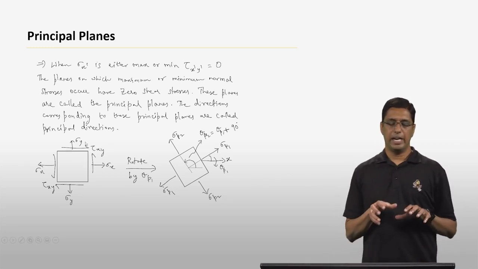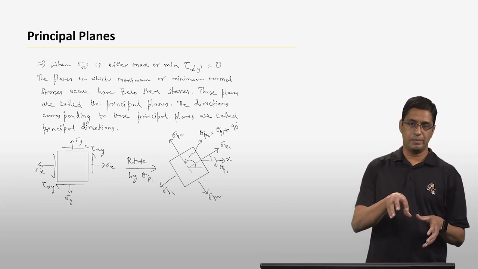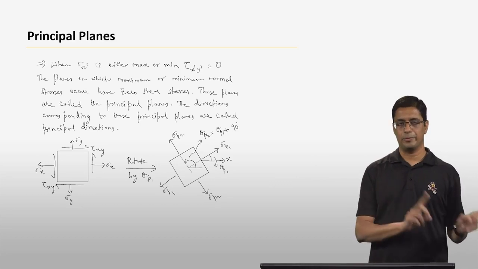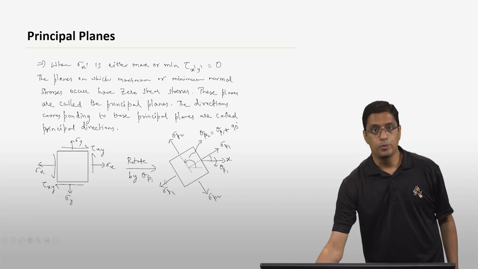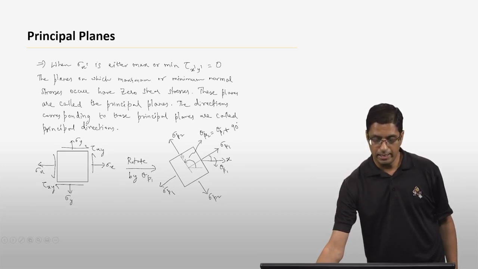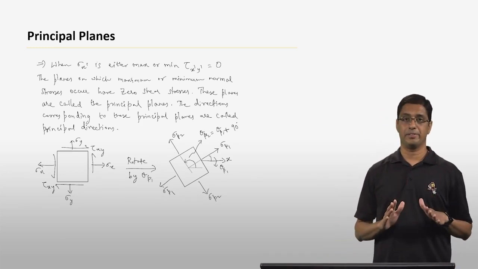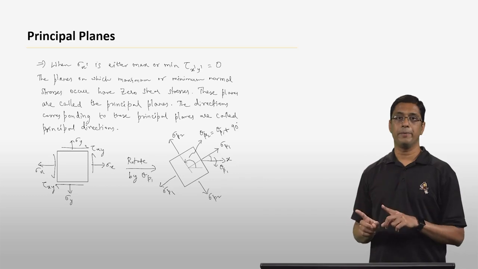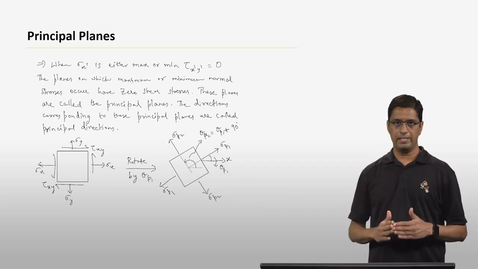Now, if you rotate this particular cube or square by a specific angle, theta p1, which we'll come to next, you get a different square, and on this square, you have a principal stress on one plane and another principal stress on the other plane, sigma p1 and sigma p2. And on those planes, you have zero shear stress.